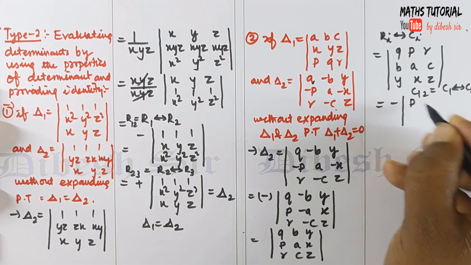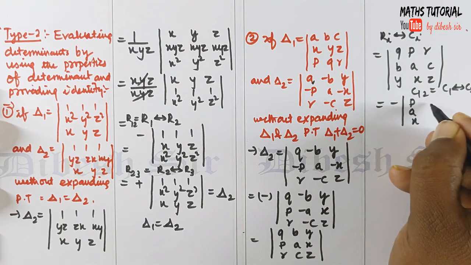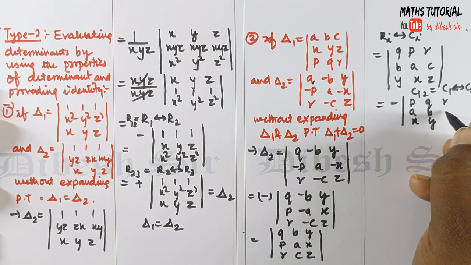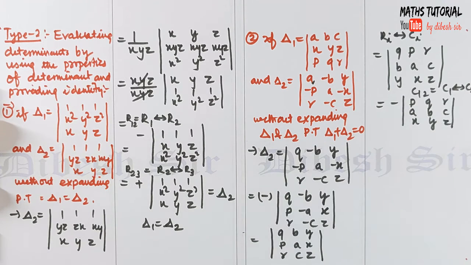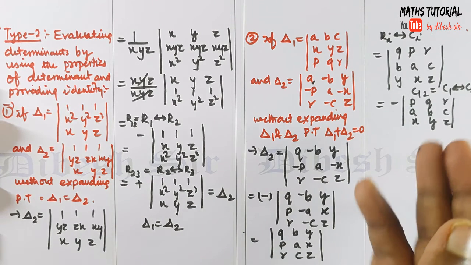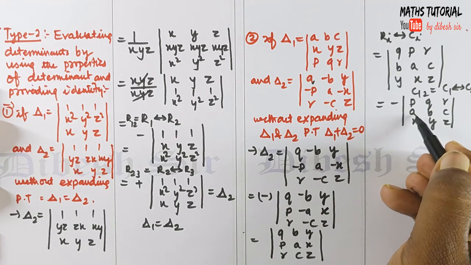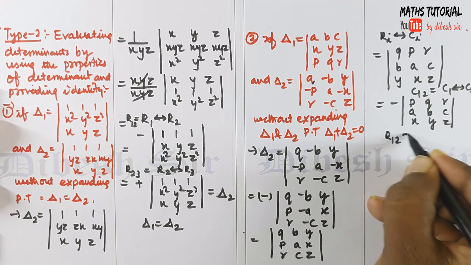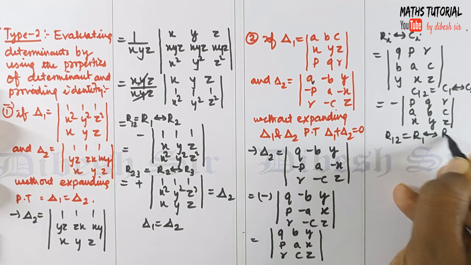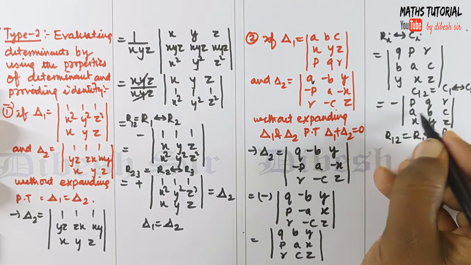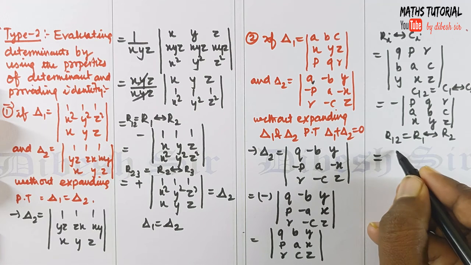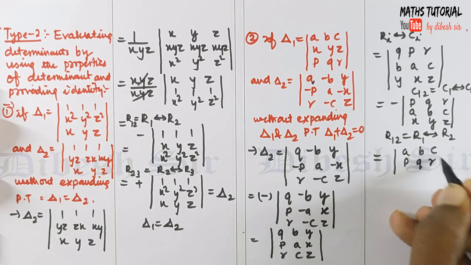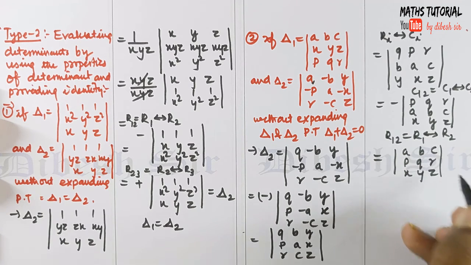It will become p a x, q b y, r c z. Now interchange row 1 and row 2, R12. So again we have to take minus common, minus minus plus, so it will become a b c, p q r, x y z.